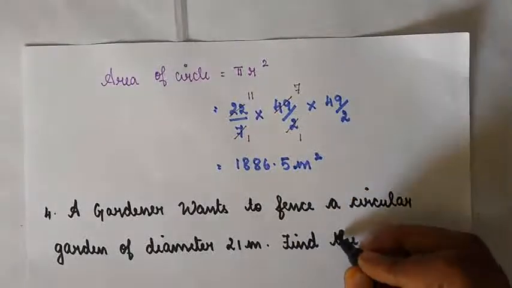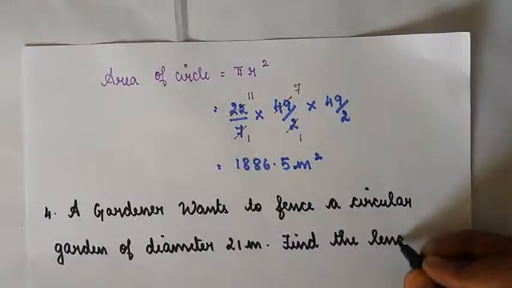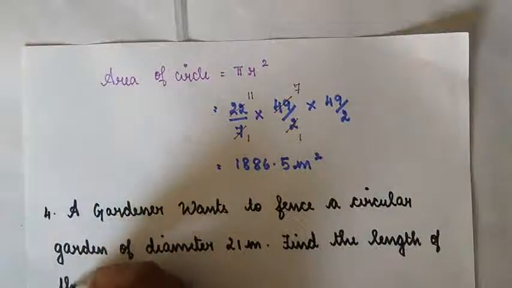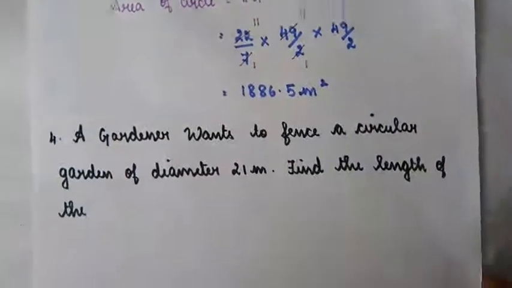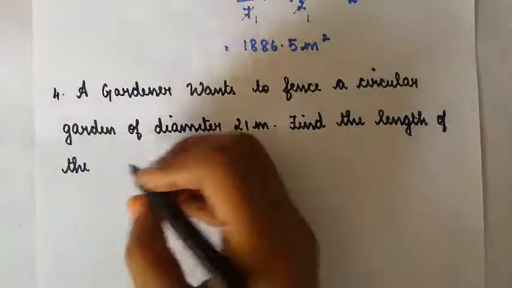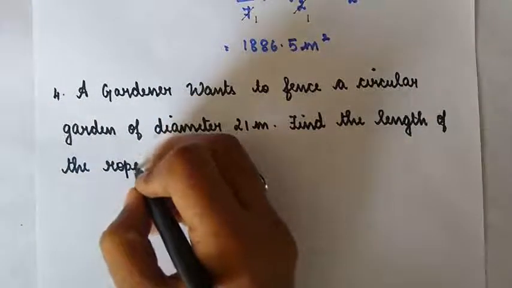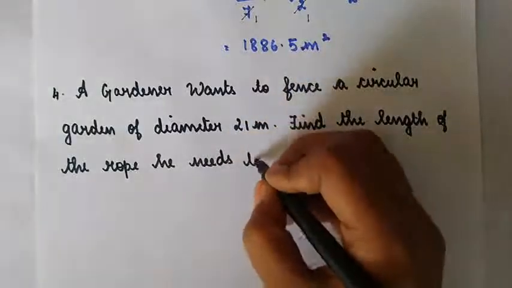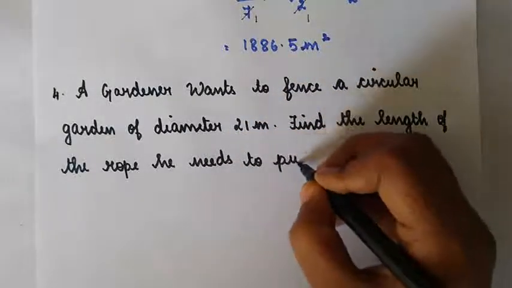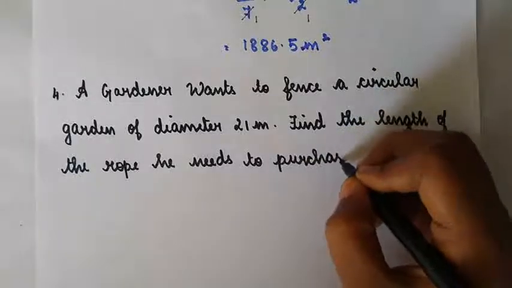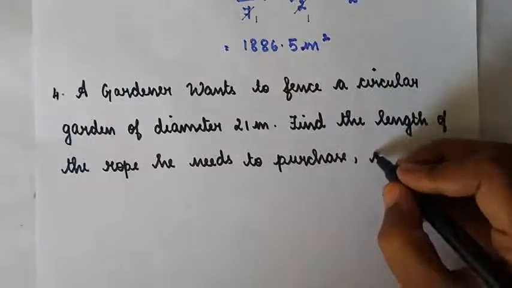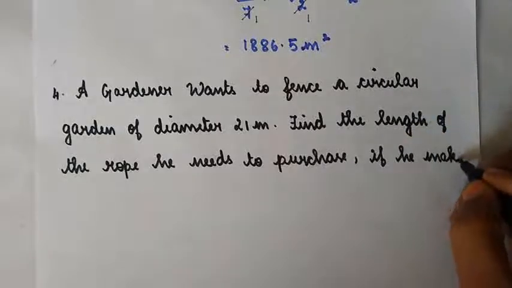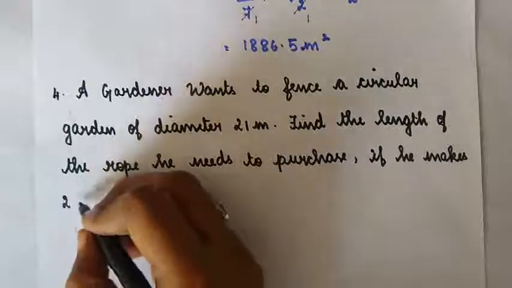Find the length of the rope he needs to purchase if he makes 2 rounds of fence.